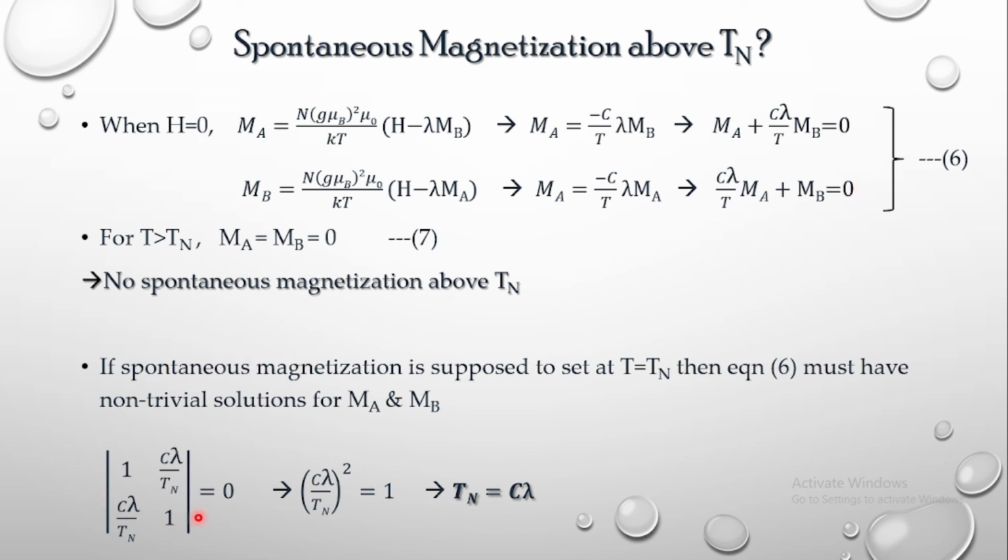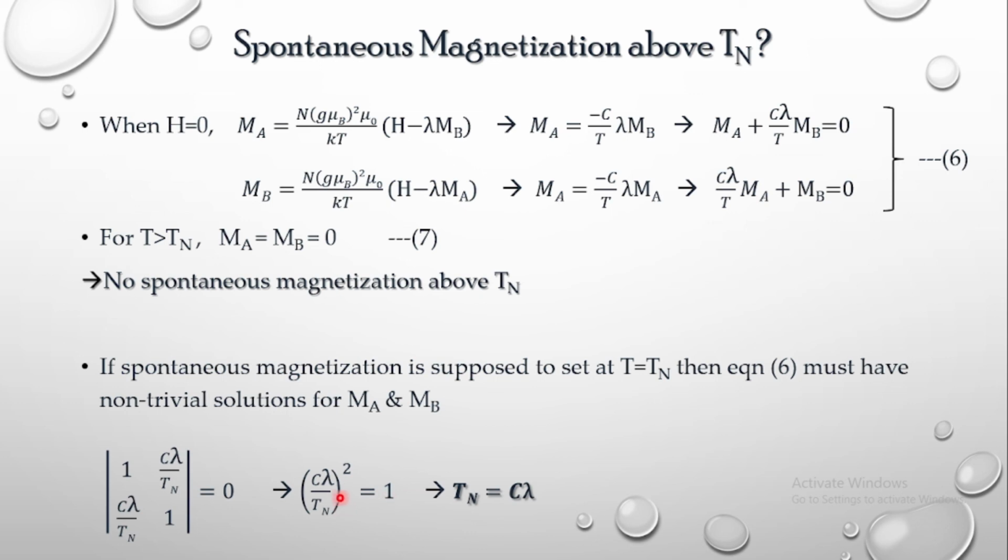That is, for finite magnetization, we can just solve this determinant. The coefficient of Ma is 1, of Mb is C lambda by T. This is according to equation 6a and this is 6b. When we solve it, that is 1 into 1 is 1 square minus C lambda by Tn whole square, so C lambda by Tn whole square equals 1.